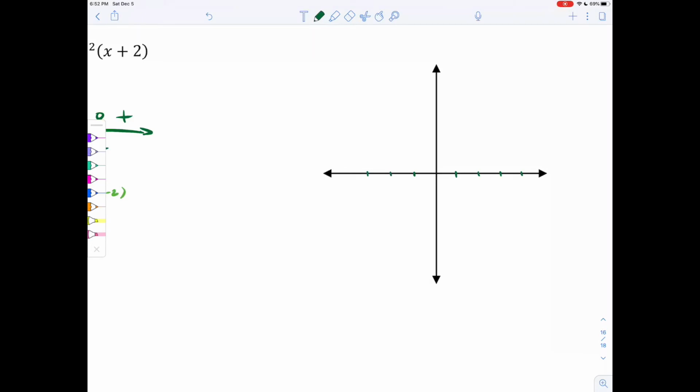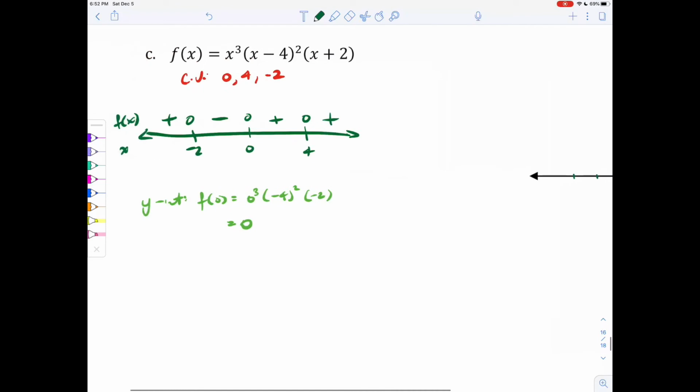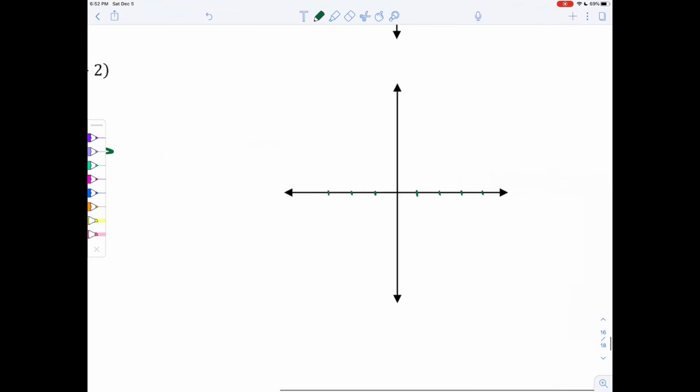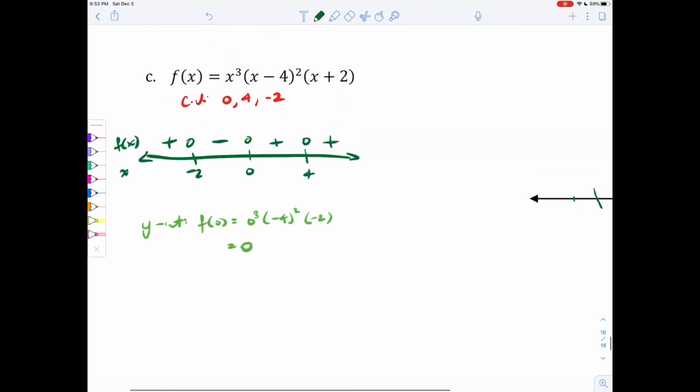All right, how does this thing dance? At negative 2, that's a straight cut through from positive to negative. So at negative 2, you kind of cut through straight from positive to negative. At 0, we do a little negative to positive, but with a little wiggle dance.